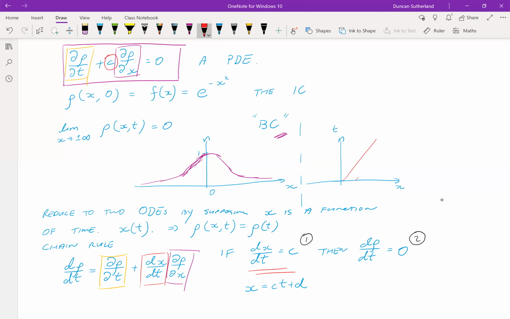So in our xt space, we've got all these different straight lines. So we call our initial condition x naught. We plug in, we find that our d must be equal to x naught. And we can integrate rho with respect to time. We just get a constant.